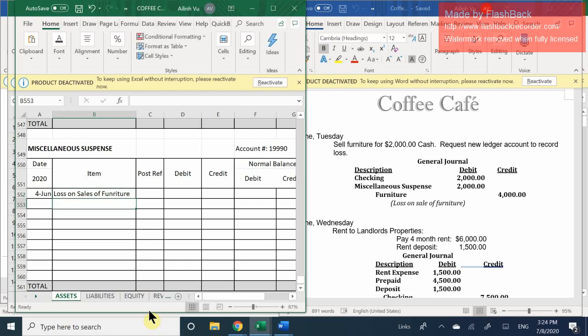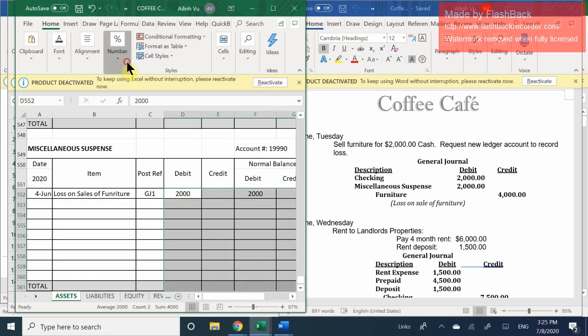Loss on sale of furniture. I'm going to indicate that this was on my general journal number 1. Did I debit my account or did I credit my account? Debit. And I should have a debit running balance because I started off with 0. If I increased with a debit, therefore my balance should be a debit balance. Good.